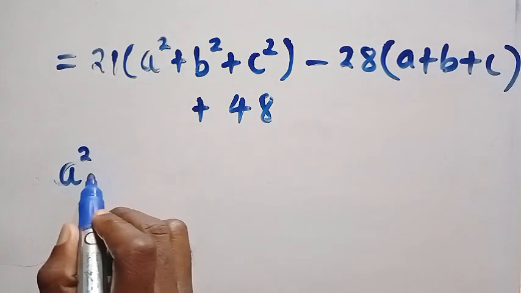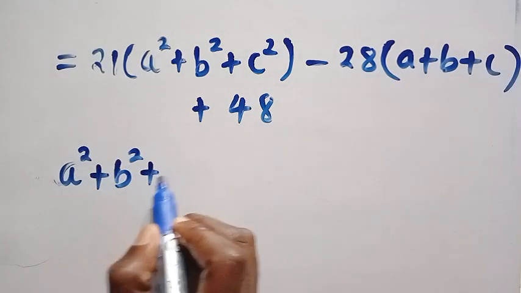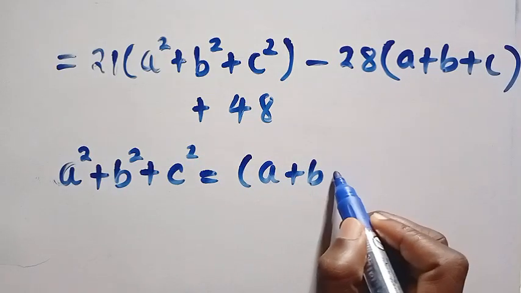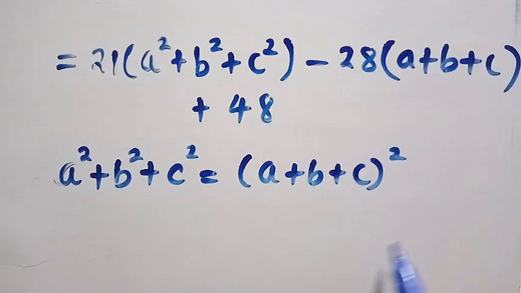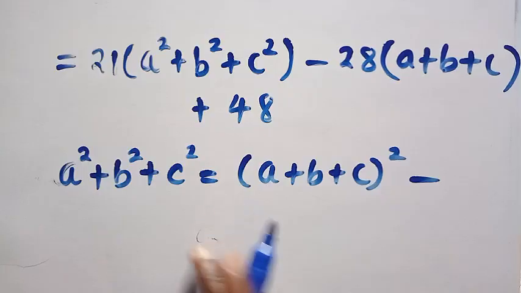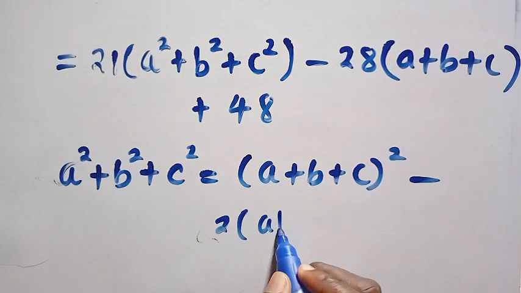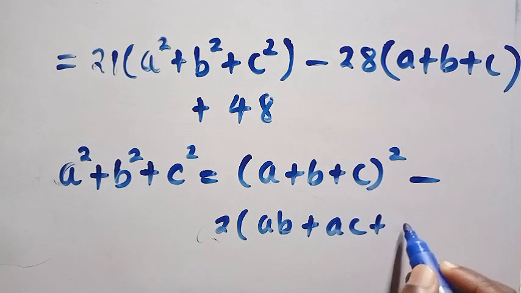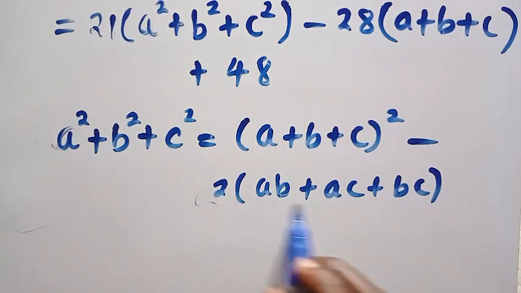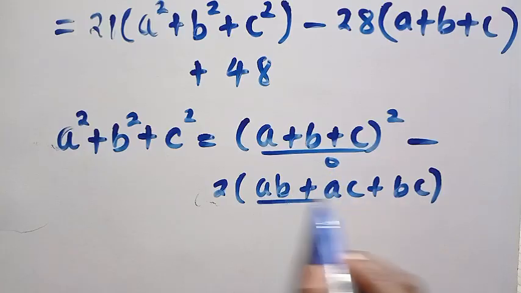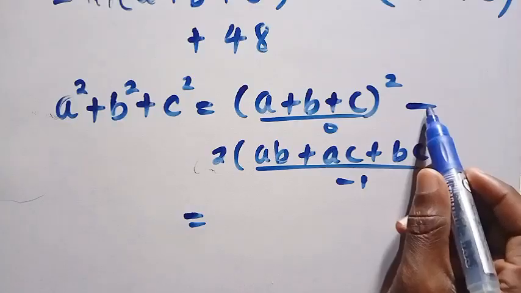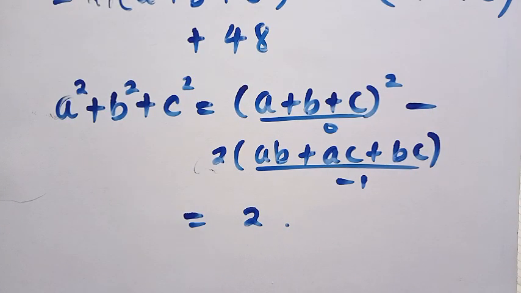So this is given as a plus b plus c raised to power 2, then minus 2 into bracket of ab plus ac plus bc. So this is what we have for this. But by Vieta's, this one equals 0 and this one equals minus 1. Therefore, the entire of this with this negative here, it gives us 2.